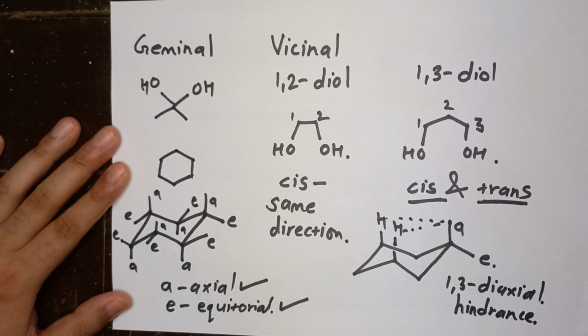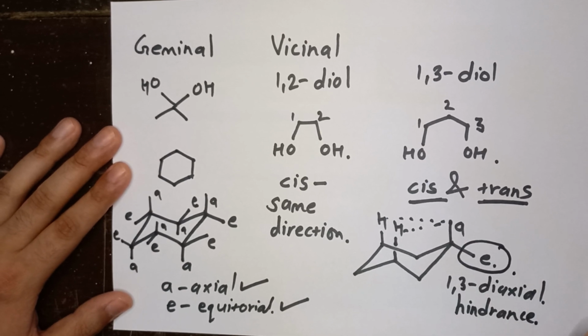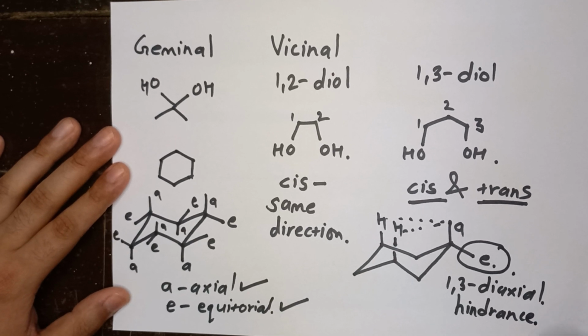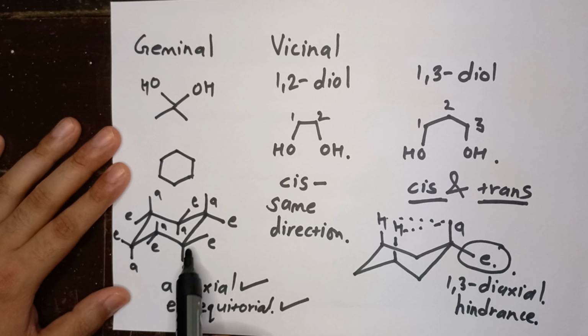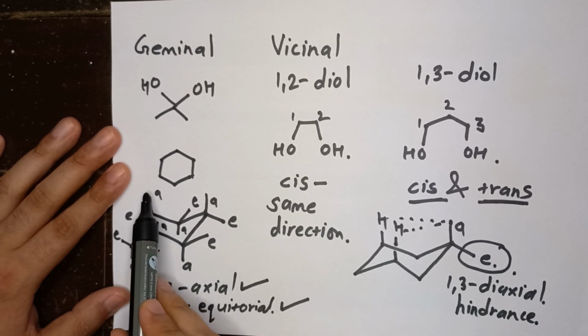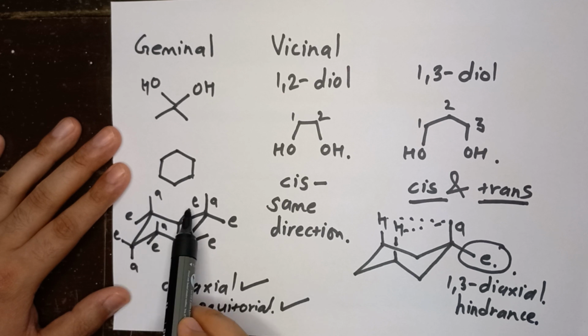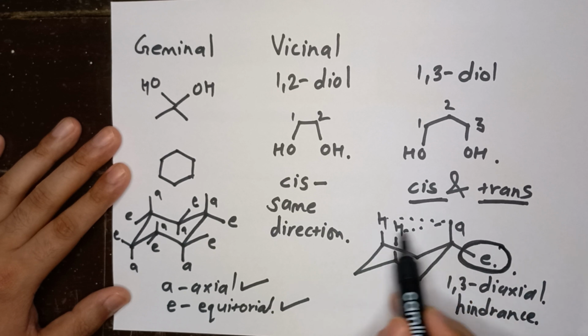So that's why the more stable conformation is generally the equatorial one. So this is about the chair conformation of cyclohexane. We generally keep bonds at equatorial position to avoid this 1,3 diaxial hindrance.